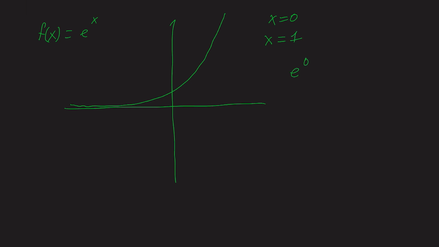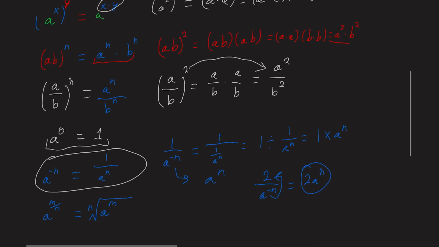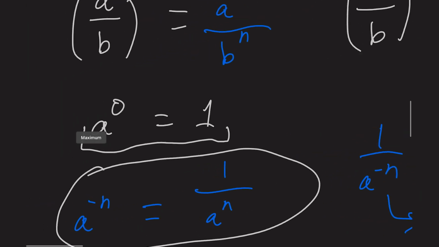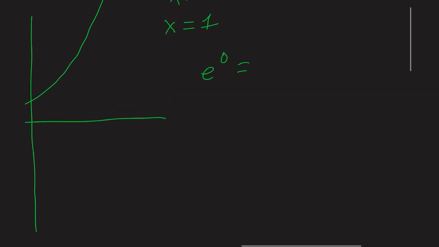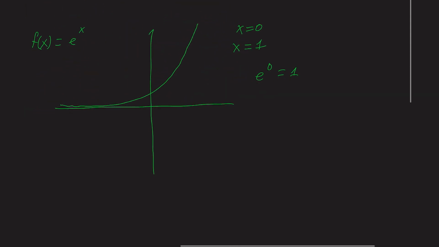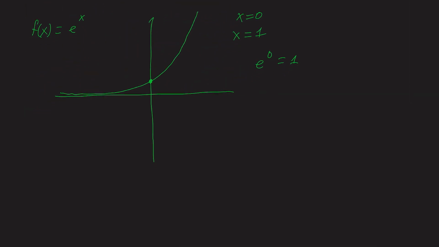Okay, when x equals 0, e to the 0, by this identity that we have demonstrated for you right here, any number to the 0 equals 1, which means whenever x equals 0, at this particular point right here, f of x equals 1. And from there, the only other number that's easy is e to the 1 equals e. So when x equals 1 here, we know that this number is going to be e.